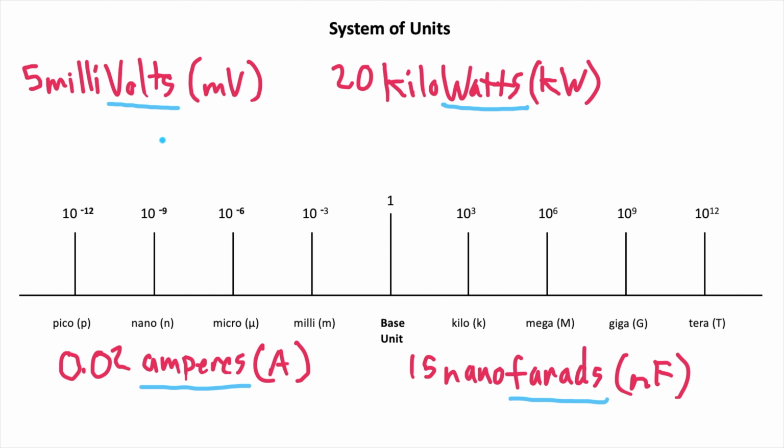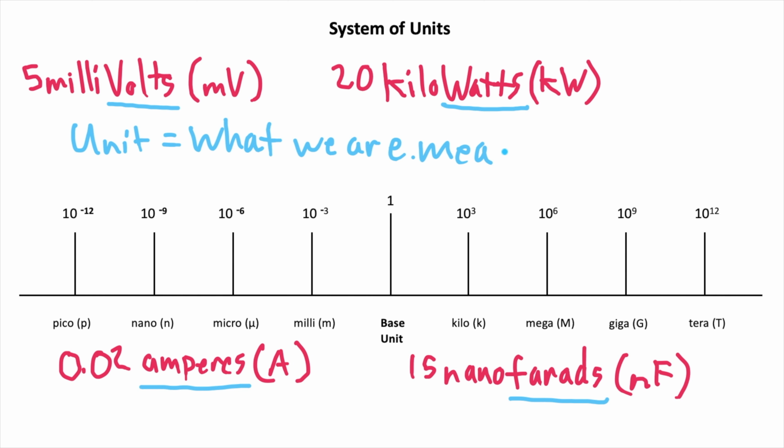And these are the characteristics or the actual properties of electricity. We call this unit, what we are measuring here. And again, remember, this is the characteristic or the property of electricity.